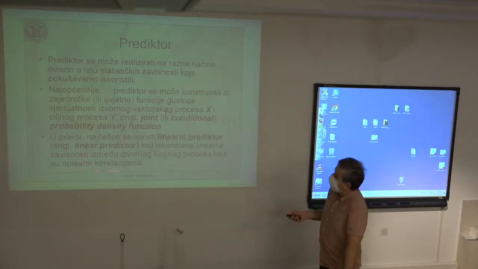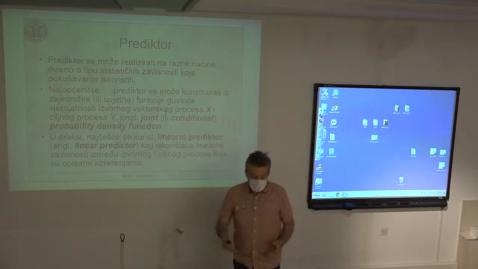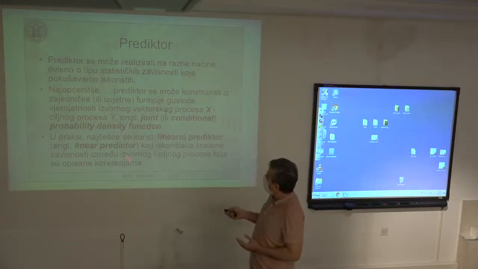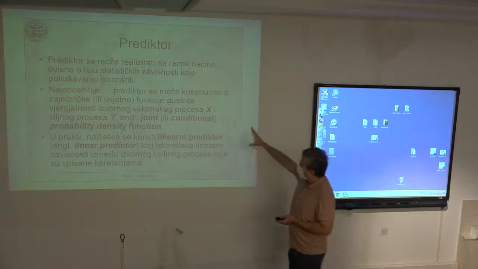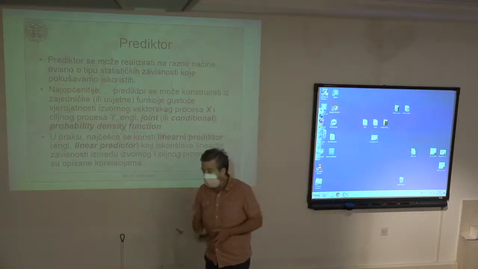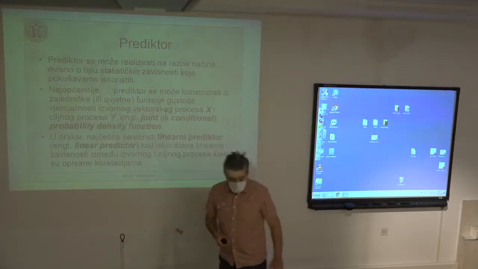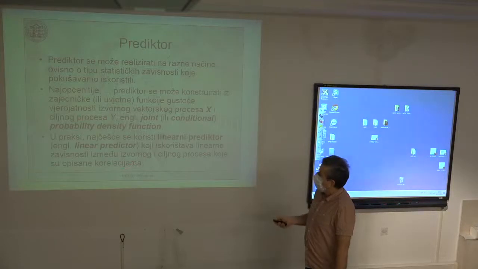So correlations are linear dependencies. More generally, this conditional probability can also describe non-linear dependencies between the source and the target, and in that sense it is more capable of achieving higher gain for the more general case, I would say. But in most practical applications, we would use this linear predictor because it is much simpler.